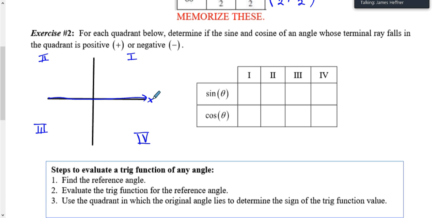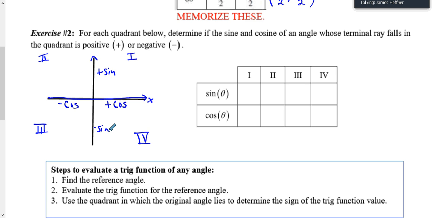So anything over to the right here, wouldn't this be positive cosine? And what about over to the left? It would be negative cosine. And our y-axis was sine. So the top part of our y-axis would be positive sine, wouldn't it? And what would the bottom part be? Negative sine, for anything down in this lower half.